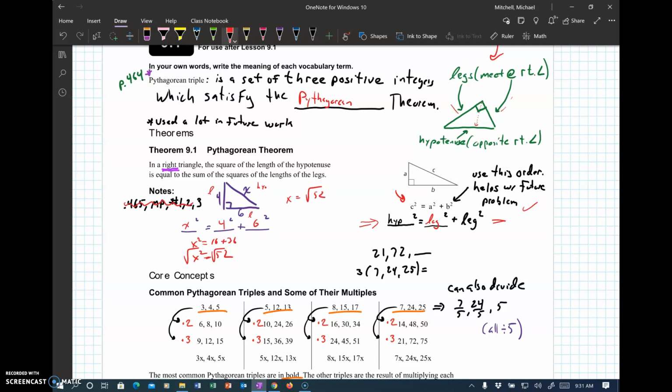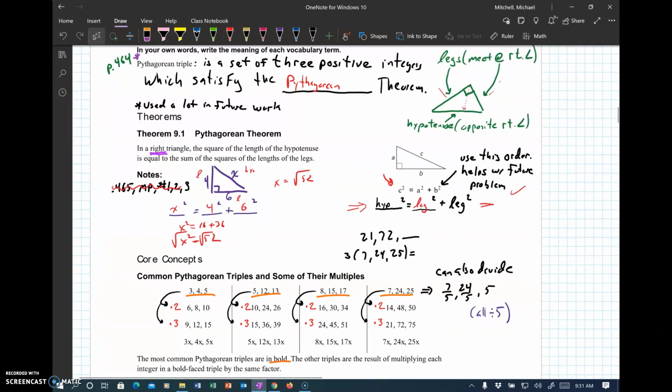We need to break this down. I haven't done enough working with you on this. We generally don't put these in decimals, so you've got to think about 52 as 1 times 52, 2 times 26, 3 doesn't work, 4 times 13, I think that takes care of it. Ooh, this 4 is a perfect square.